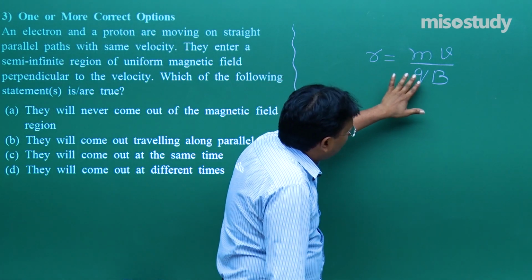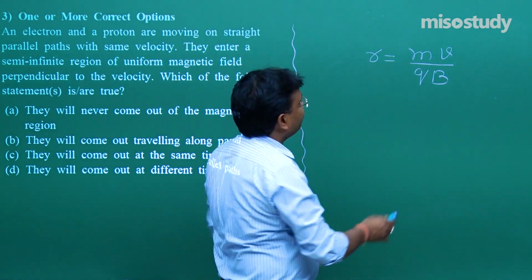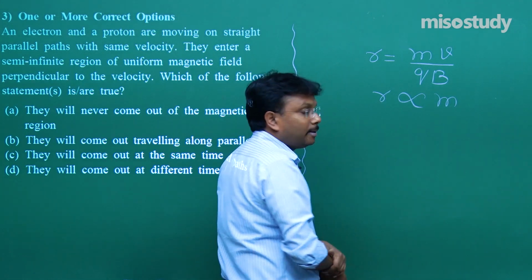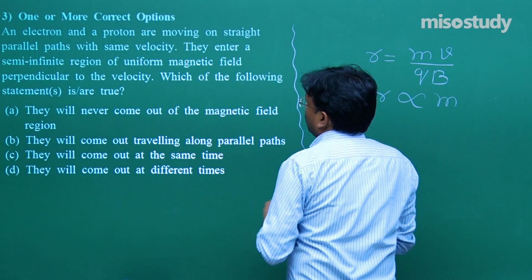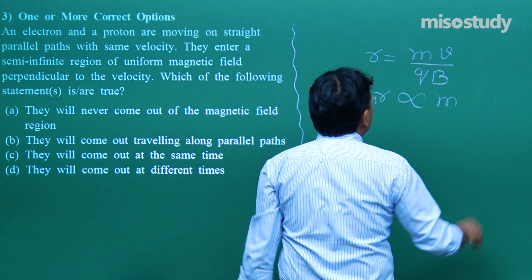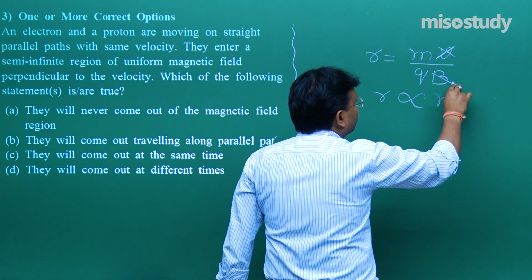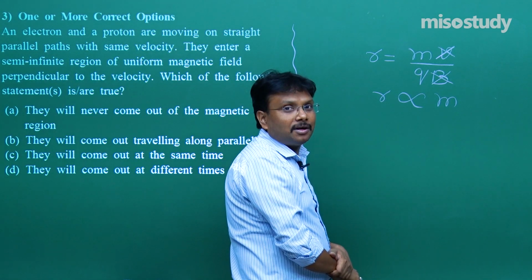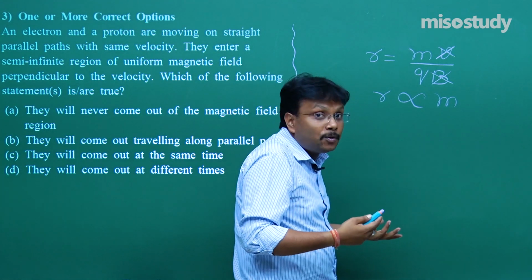R is equal to mv upon qB. So, what I can say from here is that at least R is directly proportional to m. Now, you can ask why, okay, very good, if you are not accepting. The same velocity is mentioned in the problem. The magnetic field is the same, and as I mentioned in the starting of this question, the charge on proton and electron is the same, only the sign is different, the magnitude is the same.